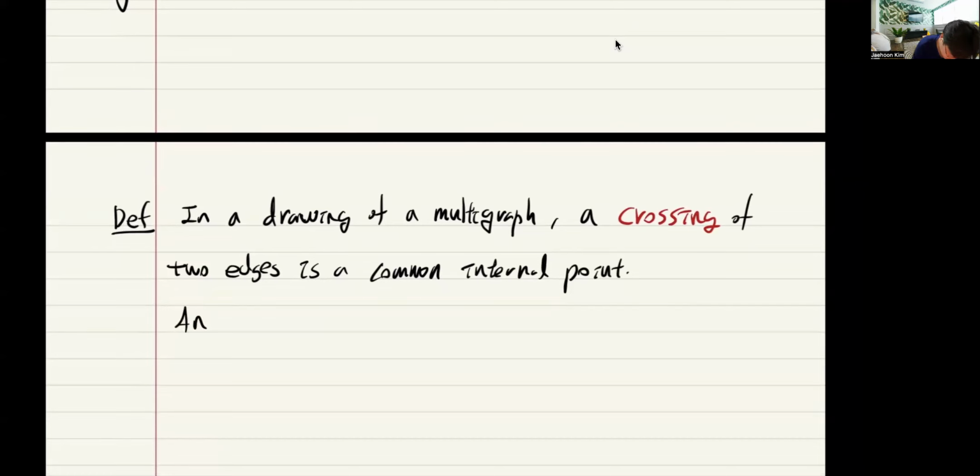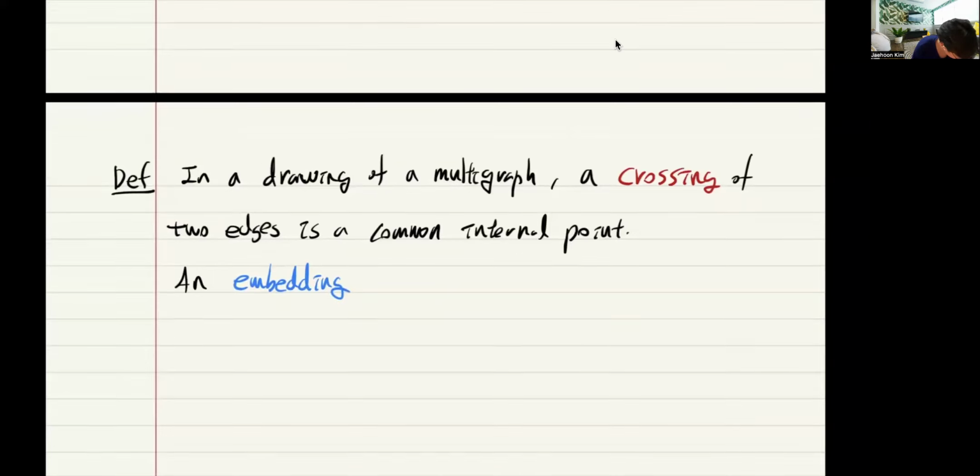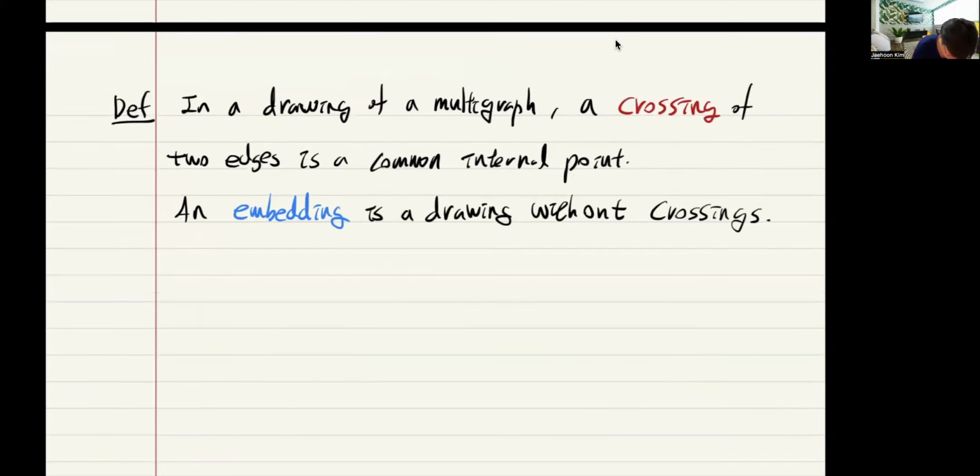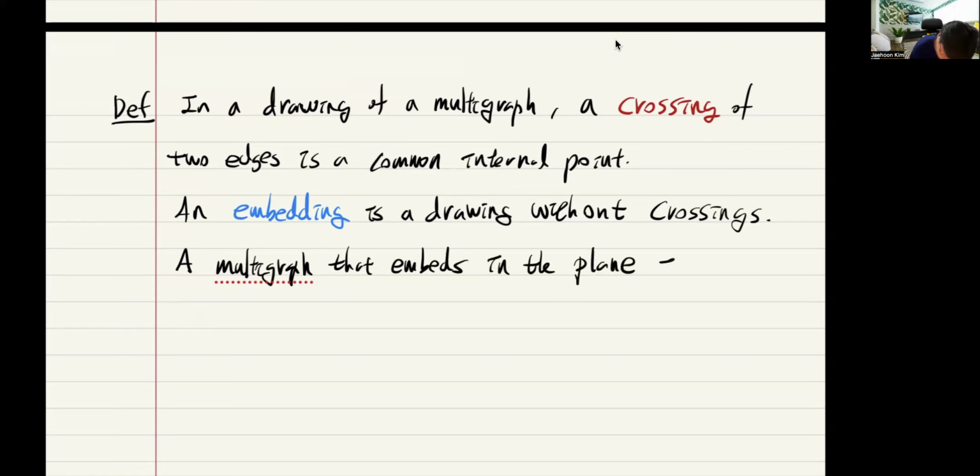And we say an embedding of a multigraph is a drawing which contains no crossing. And if a multigraph has an embedding in the plane, R2, we say that it is planar.